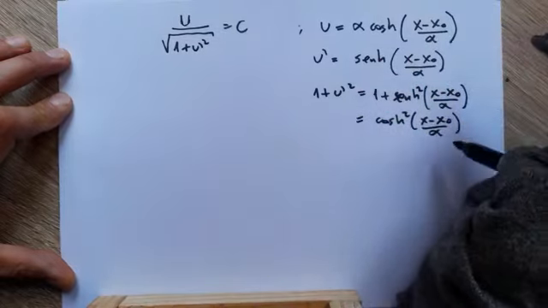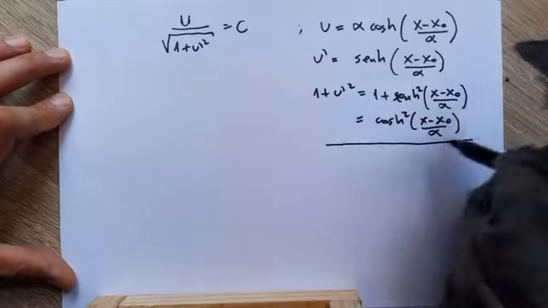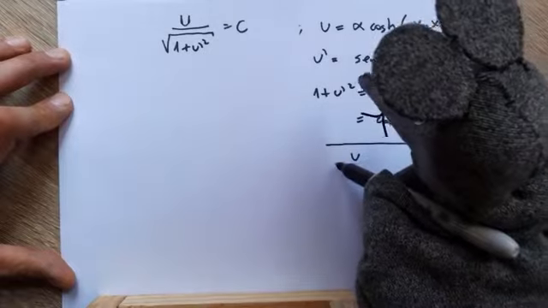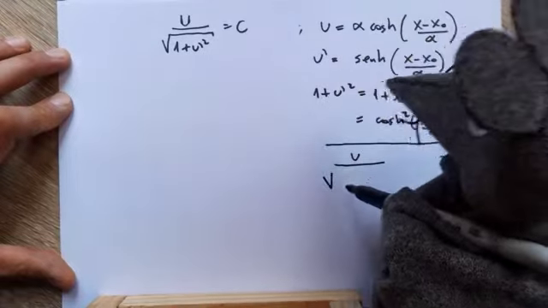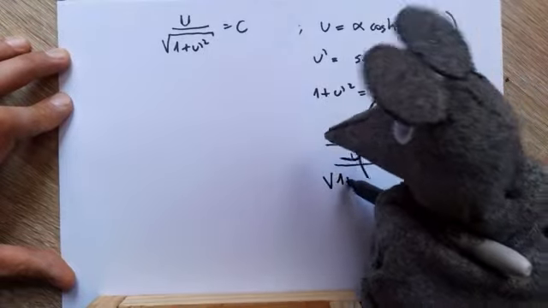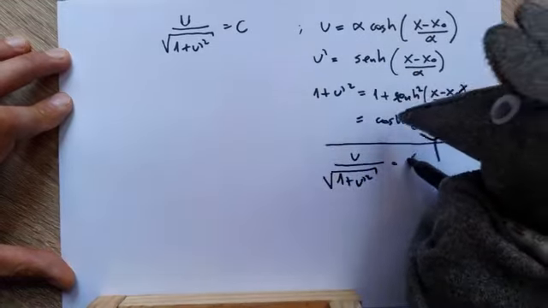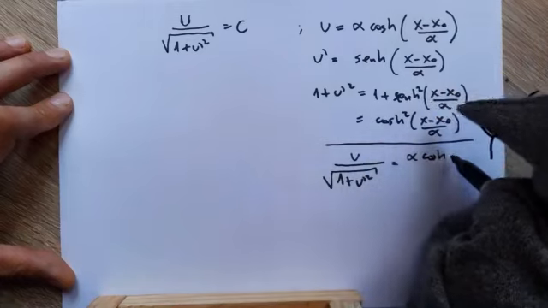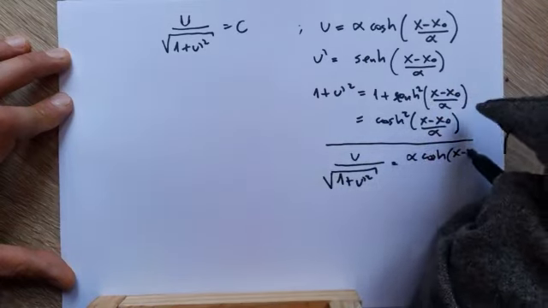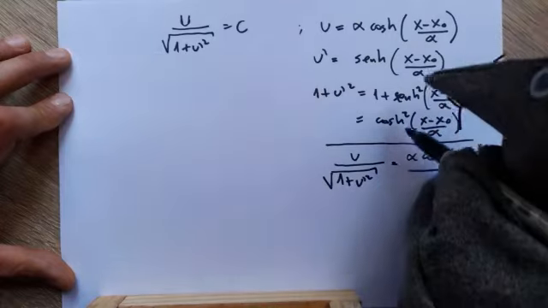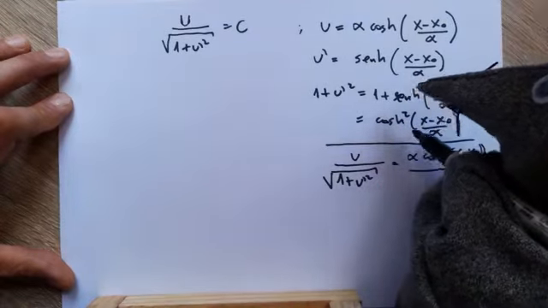So when we calculate u over the square root of 1 plus u prime square, we will get alpha hyperbolic cosine of (x minus x0) over alpha over the square root of hyperbolic cosine square.